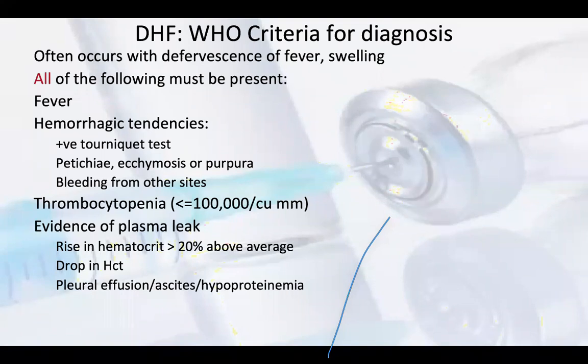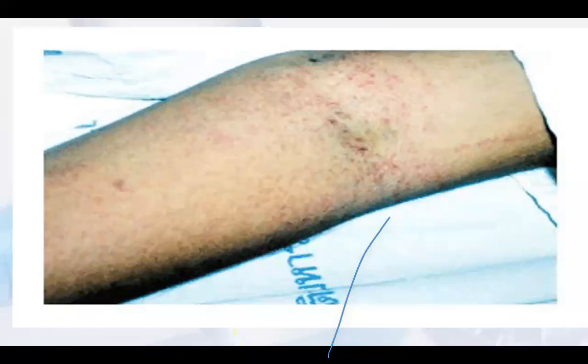All of the following must be present: fever, hemorrhagic tendencies, positive tourniquet test, patchy ecchymosis or purpura, bleeding from other sites, thrombocytopenia, evidence of plasma leak, rise in hematocrit, pleural effusion or ascites, and hypoproteinemia can be found. You can see the different rashes over the skin in this picture.